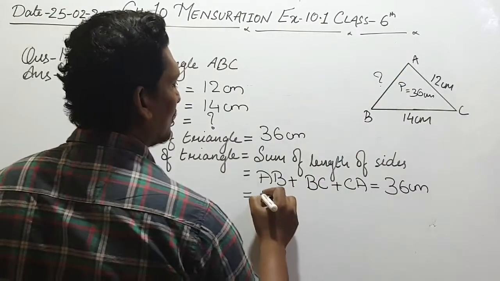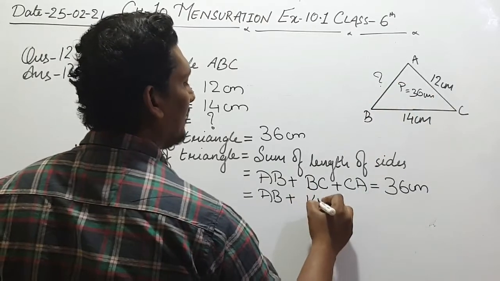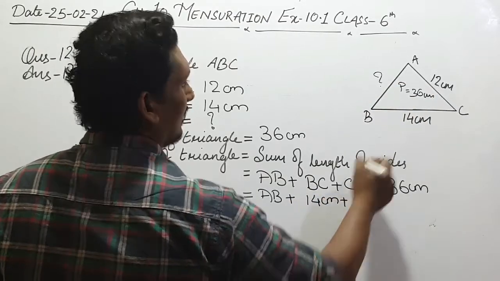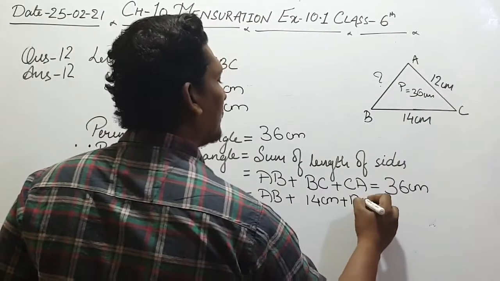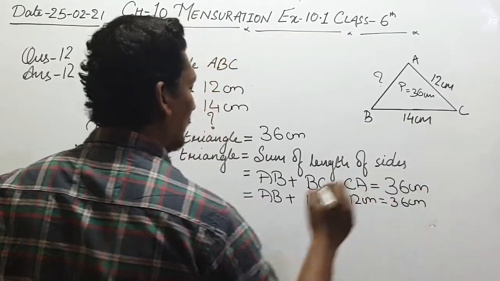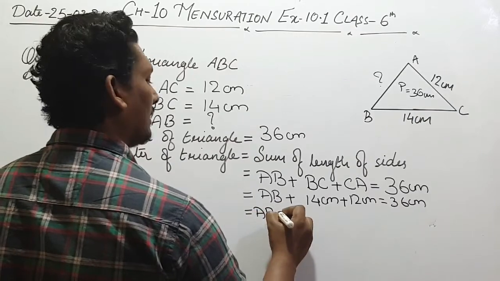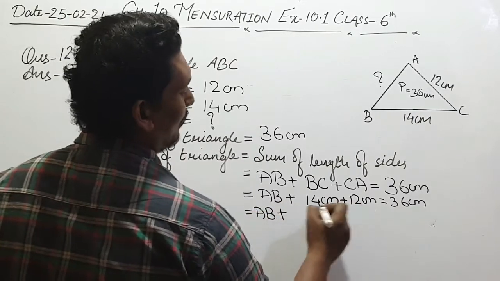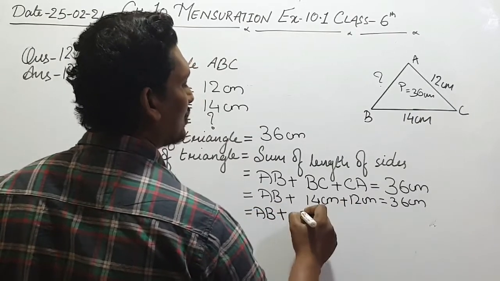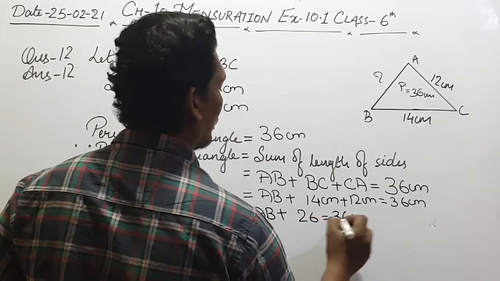That we have to find out. So write AB plus BC, which is 14 centimeter, plus CA, which is 12 centimeter, equal to 36 centimeter. So AB plus 26 is equal to 36 centimeter.